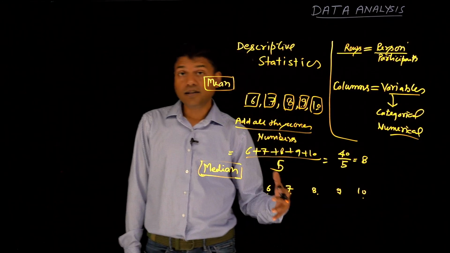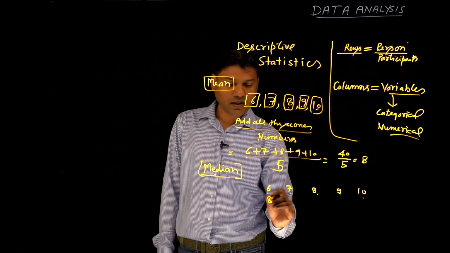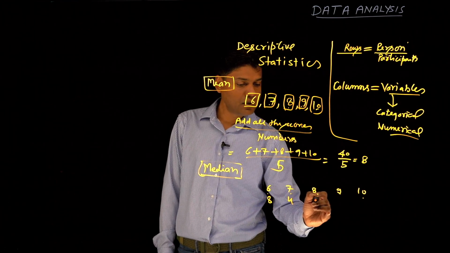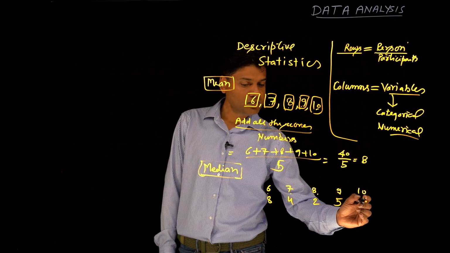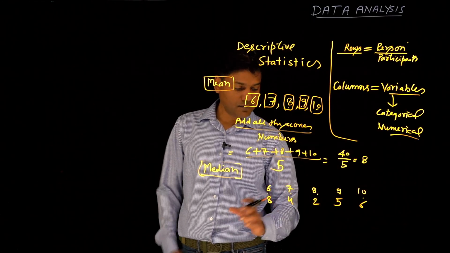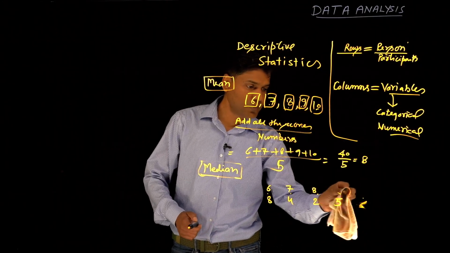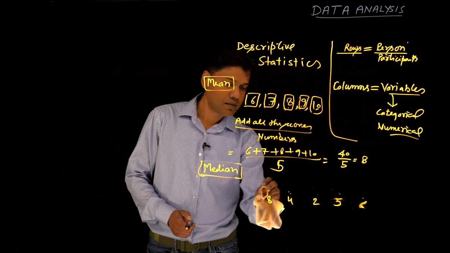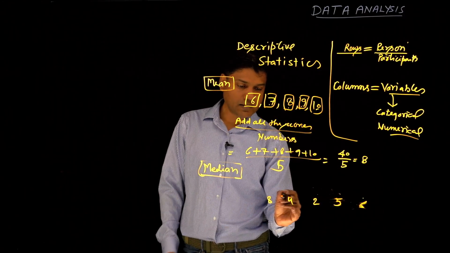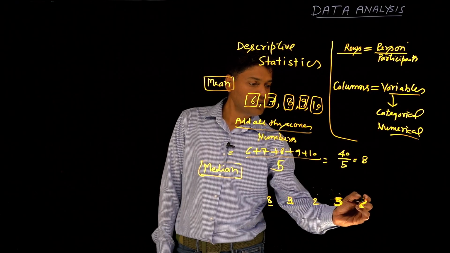If the data is not in increasing order, let's say I have the data 8, 4, 2, 5, 6, for instance. So we have the data set 8, 4, 2, 5, 6.